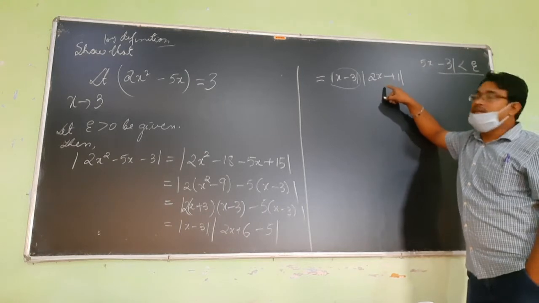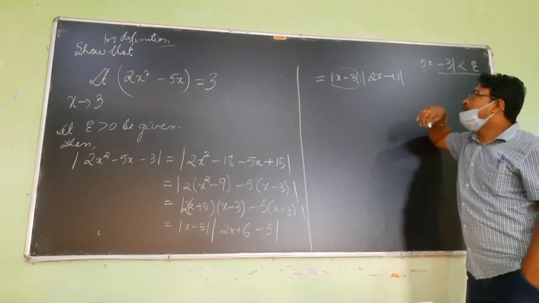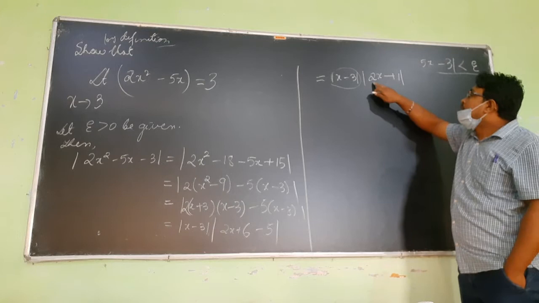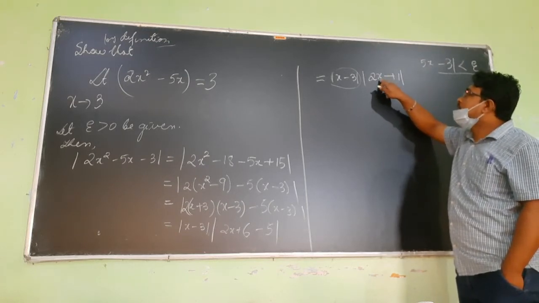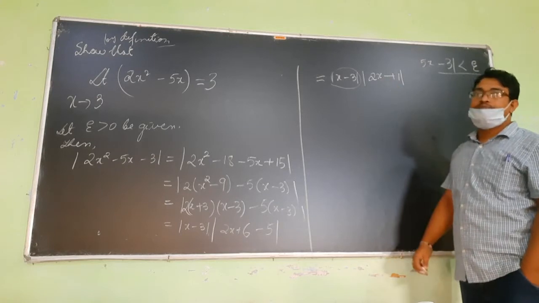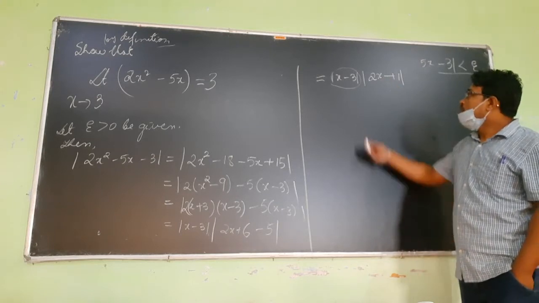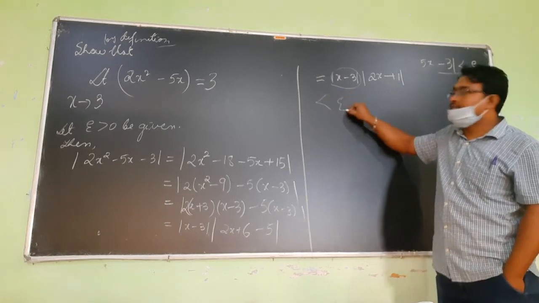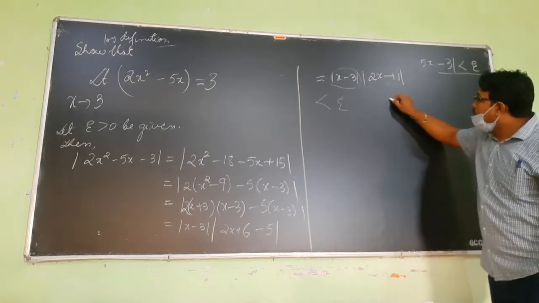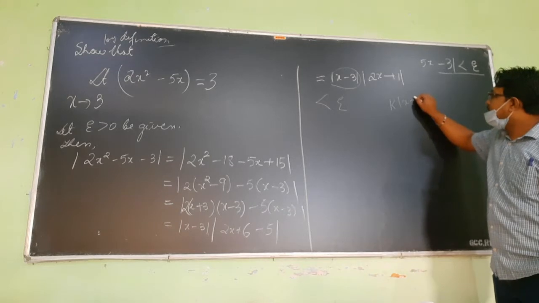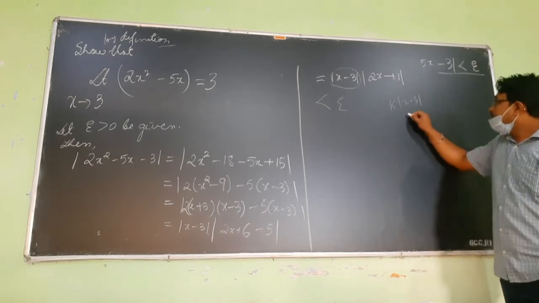Okay, but we have to choose a delta which is not related to this x. So we have to make this quantity less than epsilon. If it is of the form some constant into mod of x minus 3, then it is very simple.